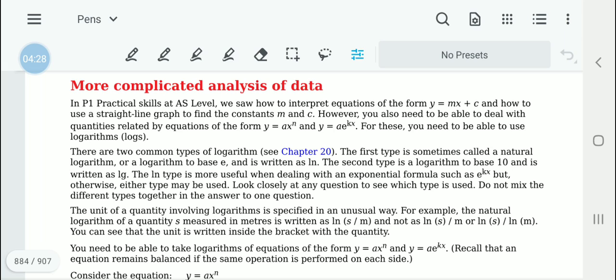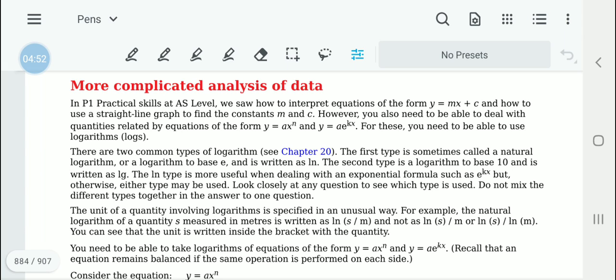We will have to use logarithms to do this, and this is going to be very, very important. Once again, like I said earlier, you will have to go through the earlier marking schemes to understand how these things have been answered in the question papers.